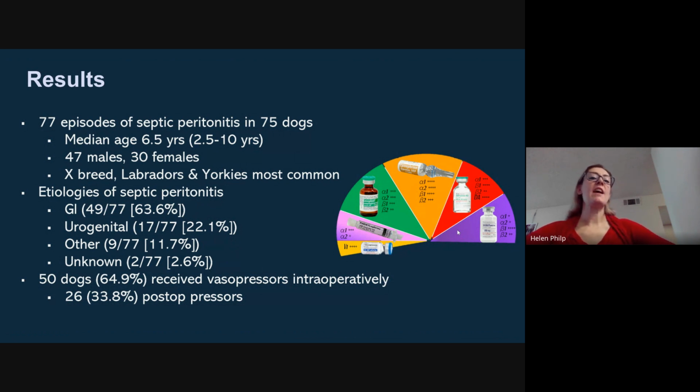It's hard to tell for how long the post-op ones are. They looked at a 48-hour period. So did these dogs just need it for a short time following recovery? Or were they septic shock patients that are needing pressors? It's hard to really know from the paper, but these were the figures that they gave.